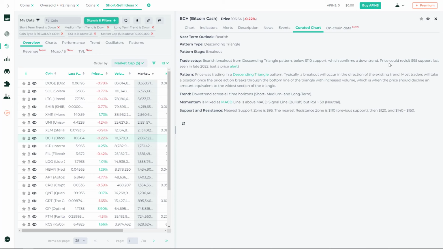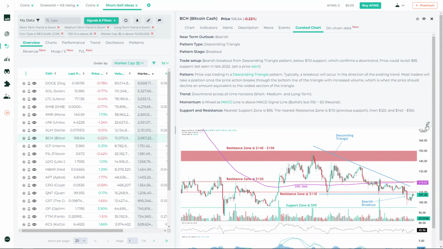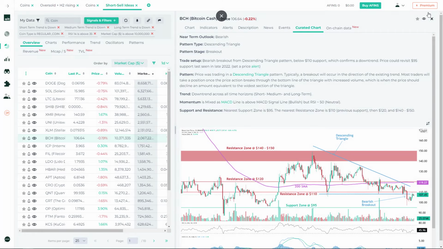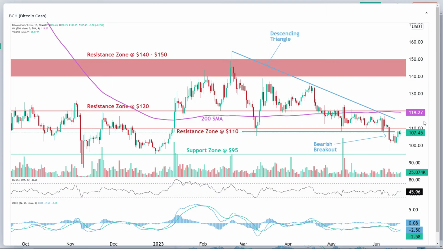Bitcoin Cash, I believe, was another one that I thought was a good candidate. Also bounced up from $93 or so. Now it's at 107, call it 106, 107. And it's close to that resistance zone of $110 or so, right? It had broken out of the descending triangle. It's a bearish breakout.